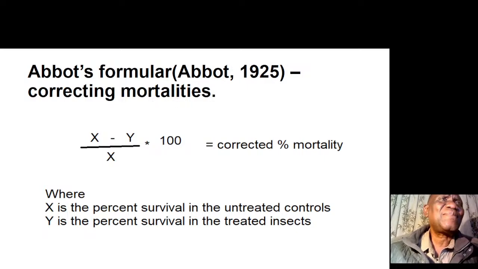You have (x minus y) divided by x times 100. This is the corrected percent mortality, where x is the percent of survival in the untreated controls and y is the percent of survival in the treated insects, for example.